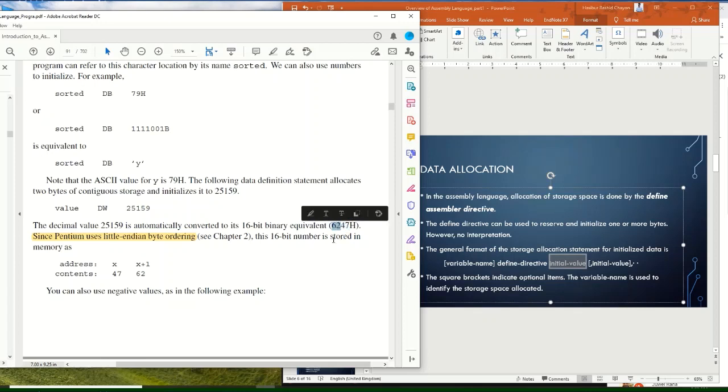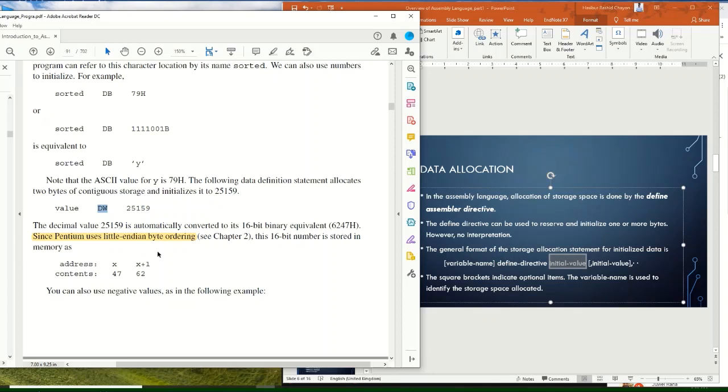So let's say we have 2 bytes, right? We are defining DW, that means we have 2 bytes. And we also know that in assembly language, whenever you allocate memory, it is allocated serially. Not like one byte is here and another byte is far away. The assembler allocates the memory locations serially.